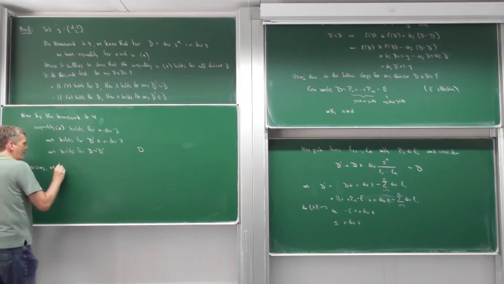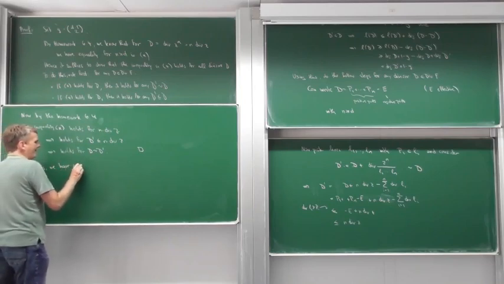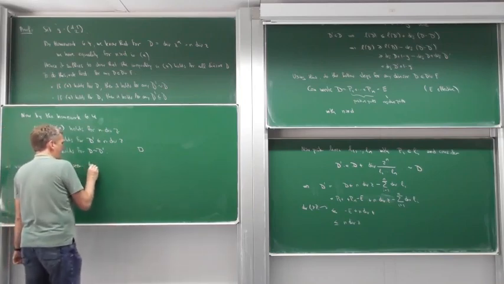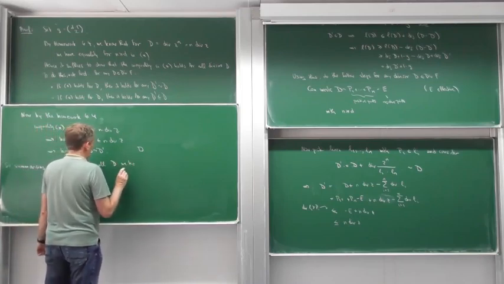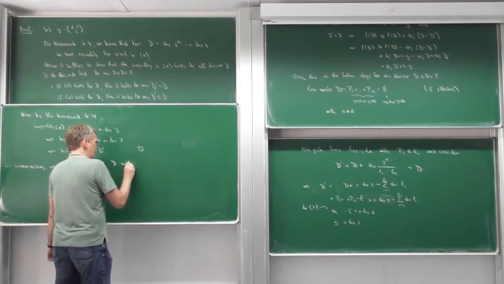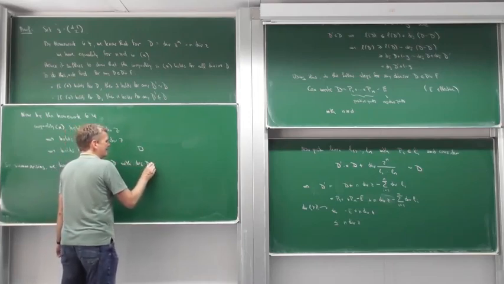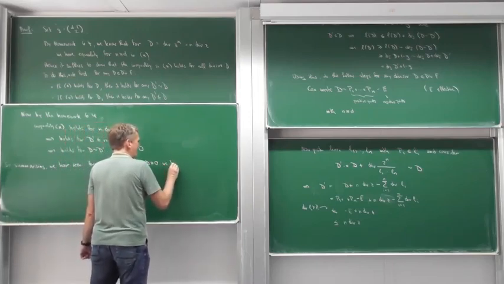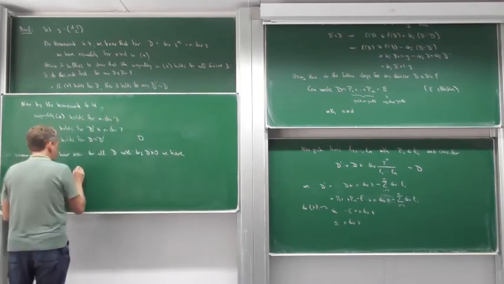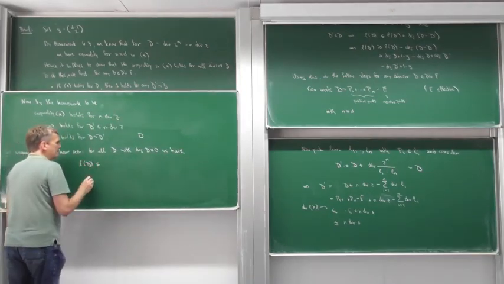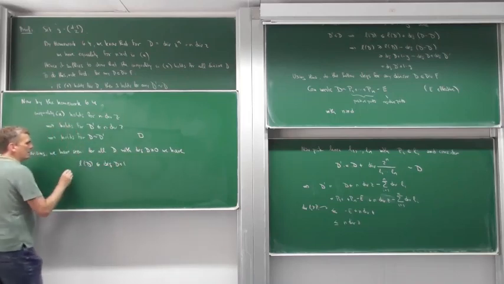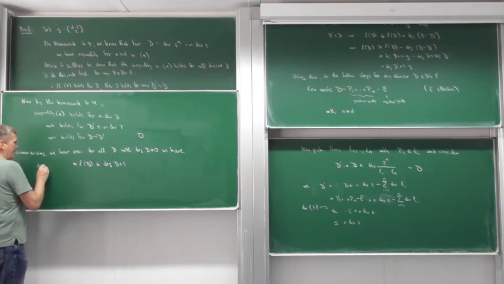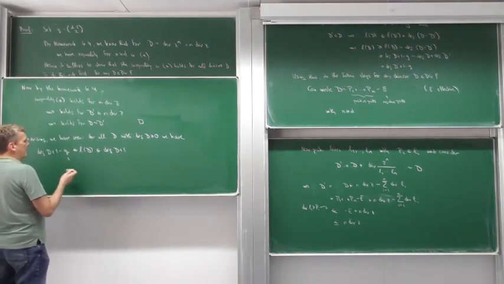We have seen that for a divisor D with degree d greater or equal to 0, we have that L of D can be bounded in both directions: by deg D plus 1 on the one side, and on the other side by deg D plus 1 minus g, where this g is the genus depending only on the curve.